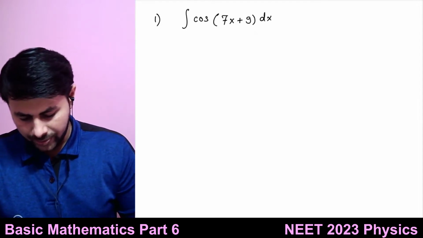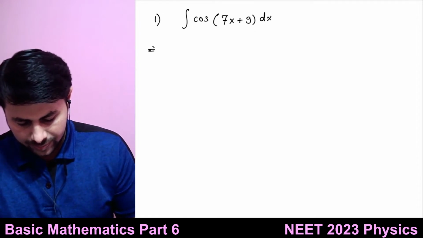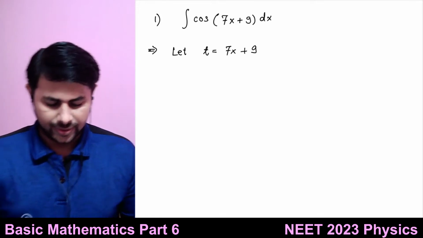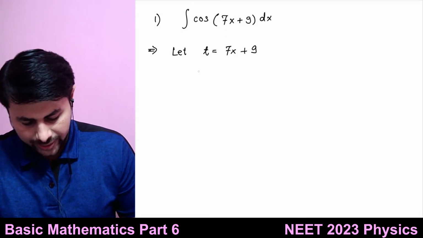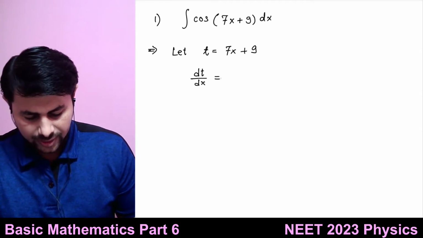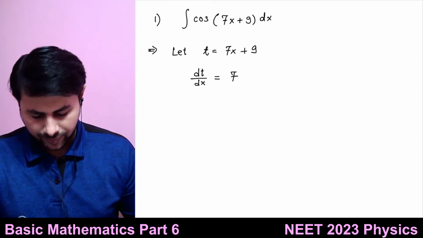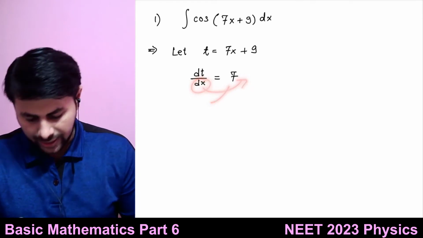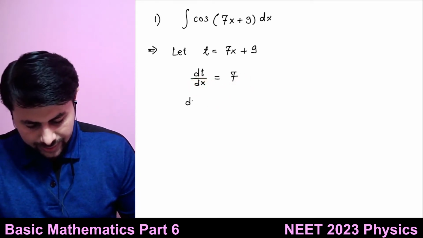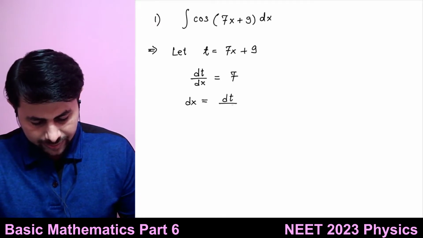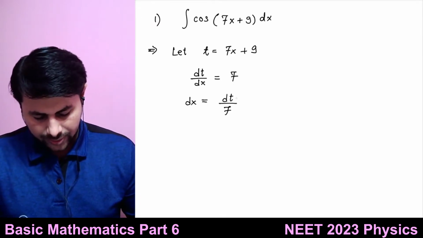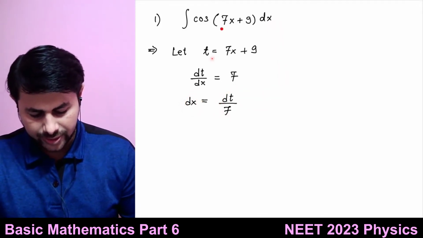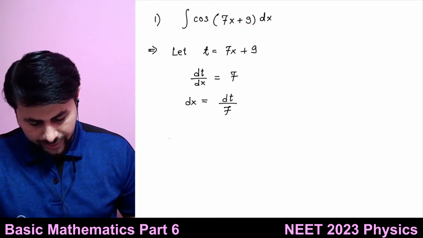Let t equal 7x plus 9. Now if I take the derivative of this, what do I get? dt by dx equals 7. So if I take dx on this side and 7 on the other side, I can write dx as dt by 7. So I will put dt by 7 in place of dx, and t equals 7x plus 9.